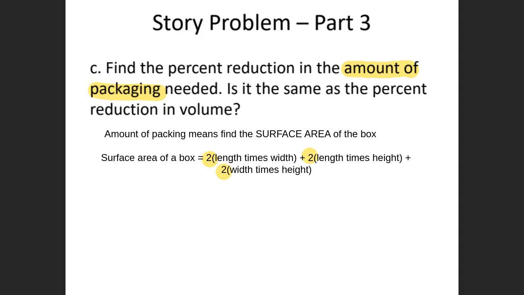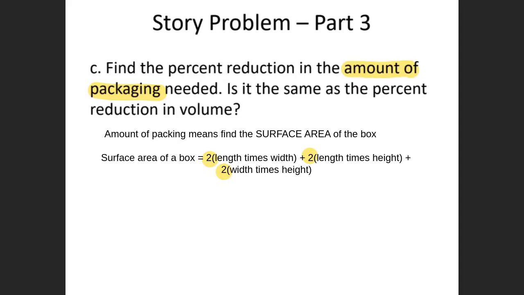Now, you have to decide what is the length, okay? What is the width? Now, the height is always how tall. The width, they specifically tell you in the story problem. The other word that they use for length is also going to be used here.